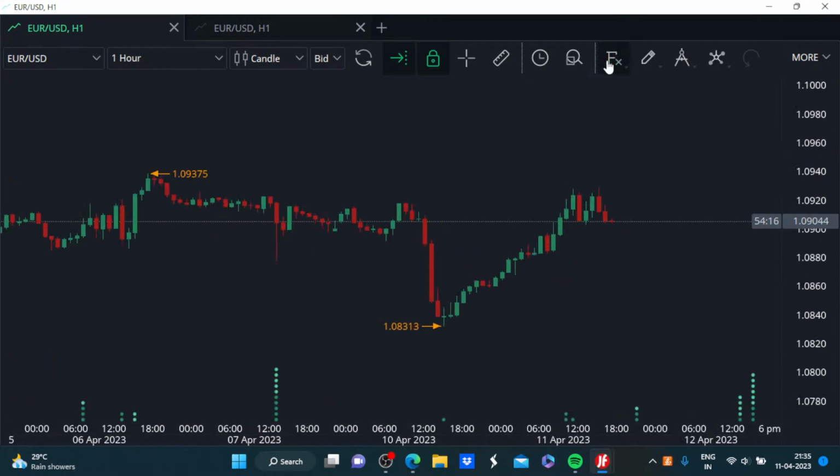Now to find this pattern recognition, all you have to do is a quick search, or else you can even go to the list using this add indicator option. If you want to know where it is listed, all you have to do is opt for this F3 option, and it's taking some more time to respond.